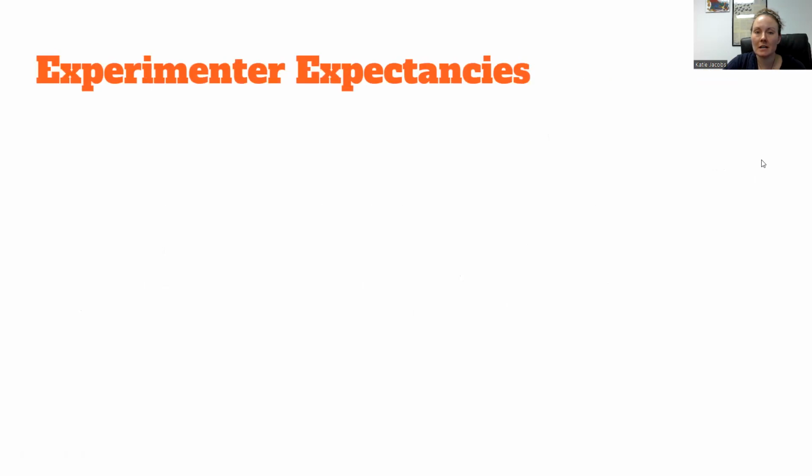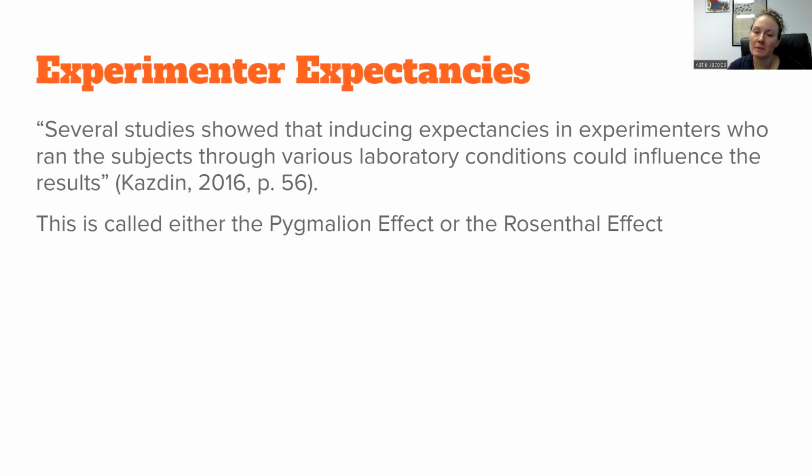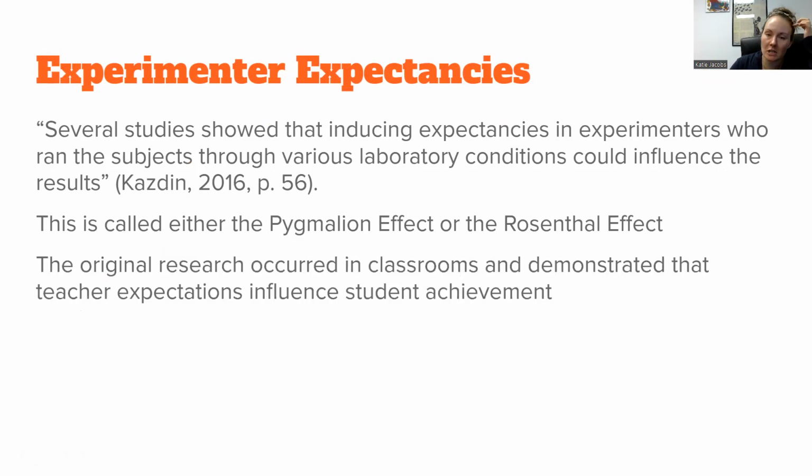We also have experimenter expectancies. So several studies showed that including or inducing expectancies in experimenters who ran the subjects through various laboratory conditions could influence the results. They call this the Pygmalion effect or the Rosenthal effect. And it's really interesting because this research actually started in education.